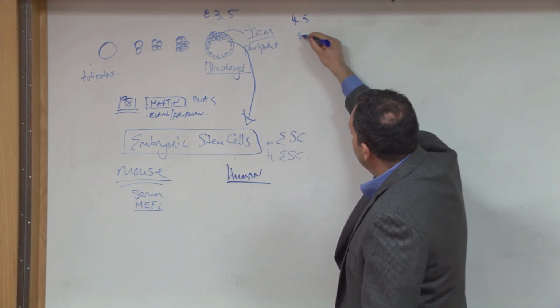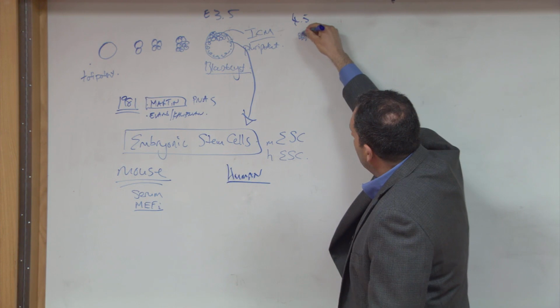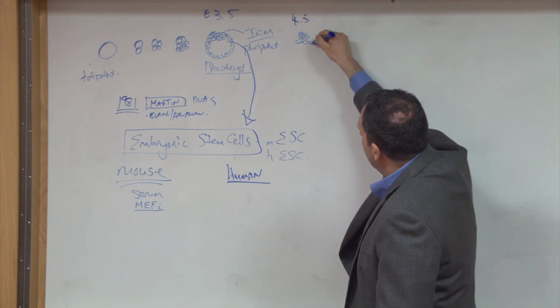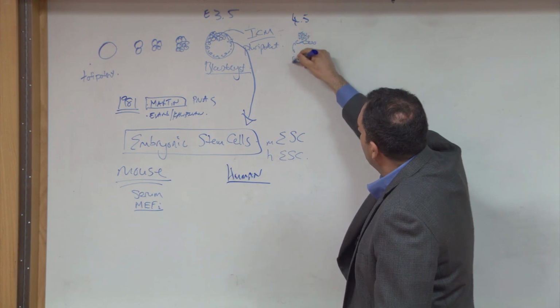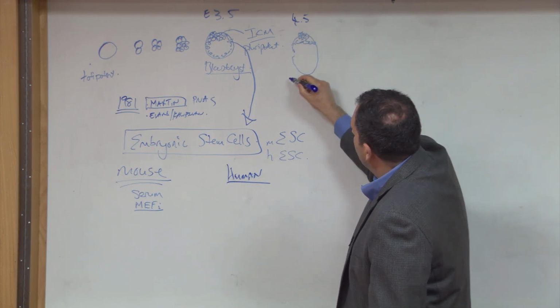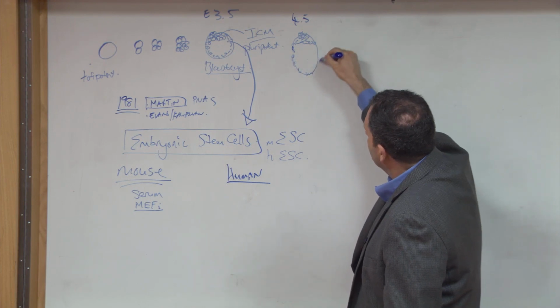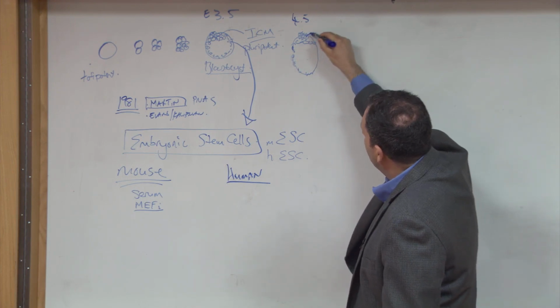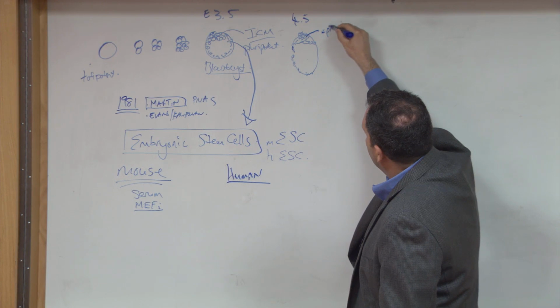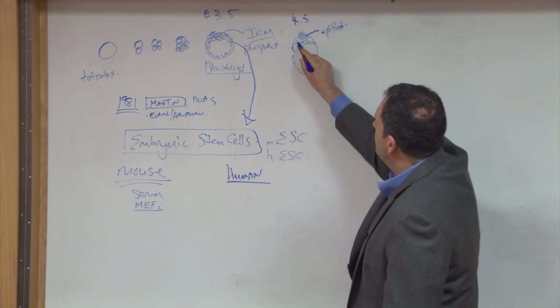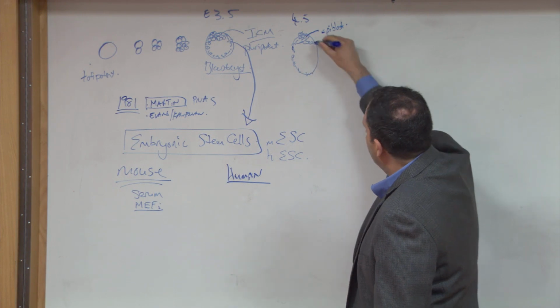The first differentiation is a segregation of inner cell mass cells away from cells of this inner layer of the blastocyst. This is the fluid-filled cavity. These are the lining cells here. And in the inner cell mass here, these cells become slightly more differentiated. They're epiblast cells, and these cells lining the inner cavity are now the primitive endoderm.